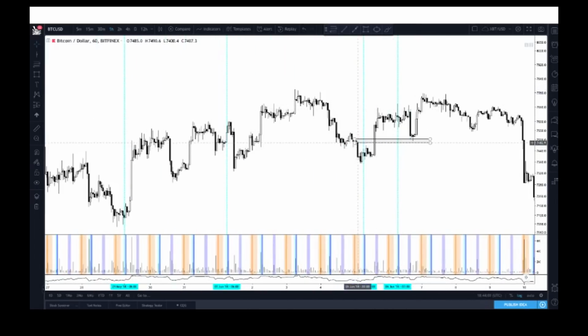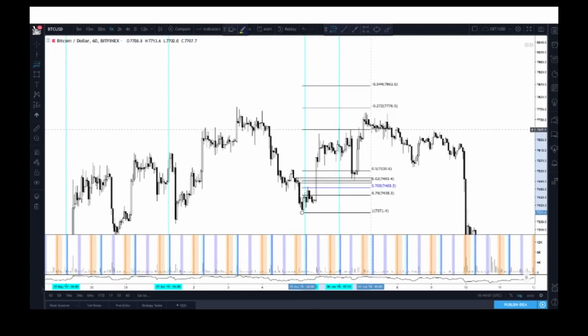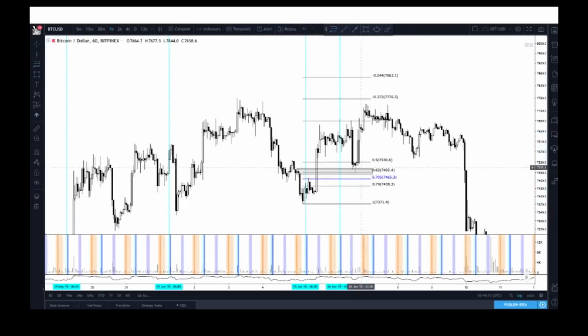We saw a breaker right over here, an hourly breaker with 0.62 OTE confluence right there. It perfectly tapped the 0.62, and then we saw a rally from that breaker back to local highs, just as I've classified my breakers. That's how I usually trade my breakers.